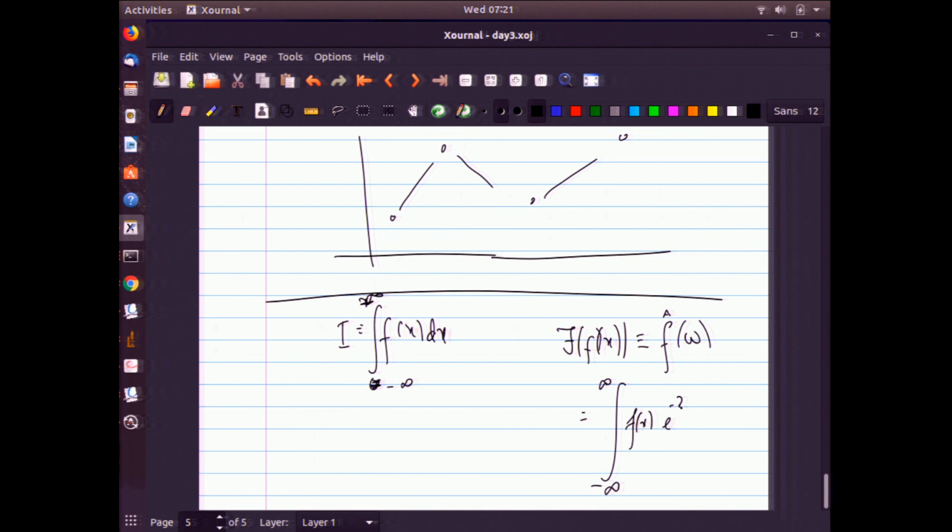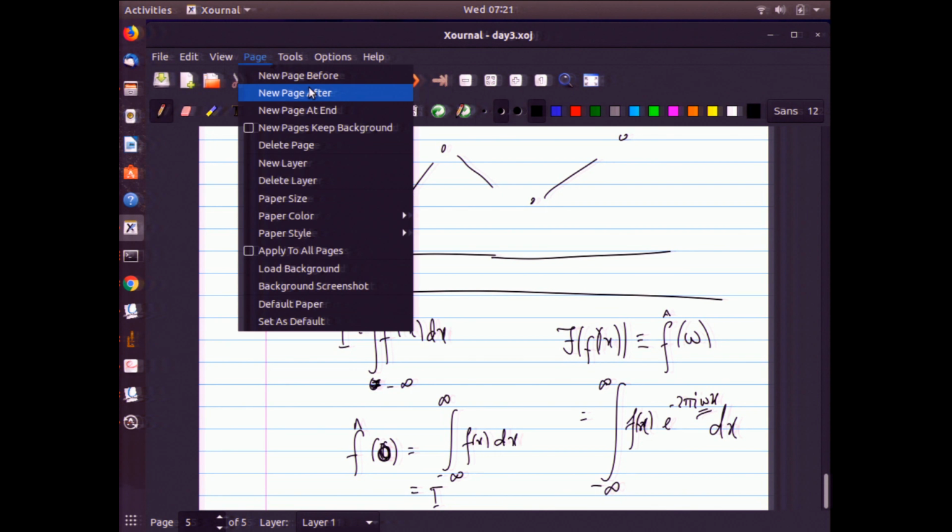You should be able to do this in your sleep by now, right? If omega equals 0, then f hat of omega, which is f hat of 0, equals the integral from minus infinity to infinity of f of x dx, which is equal to I. So the Fourier transform at the DC component is nothing but I.